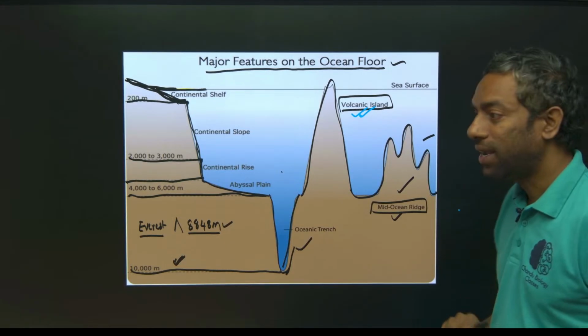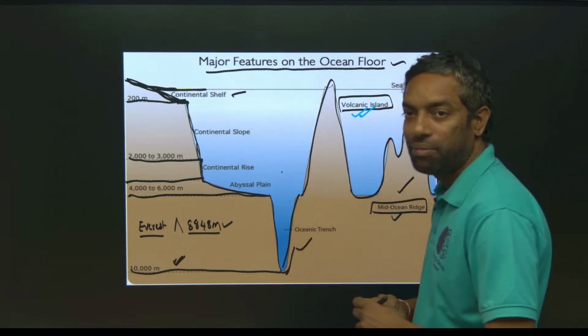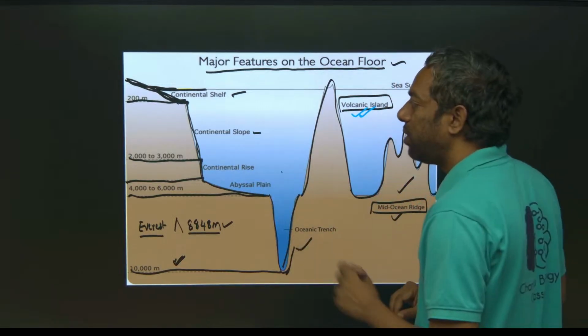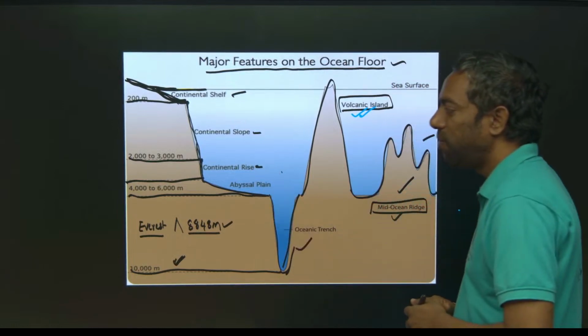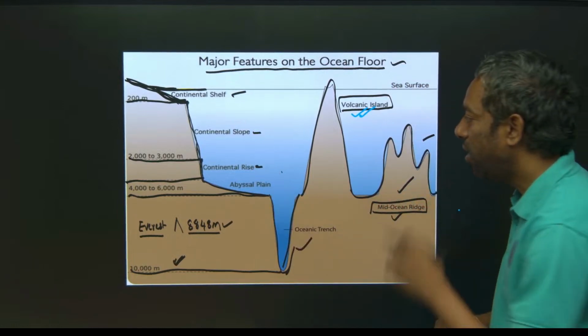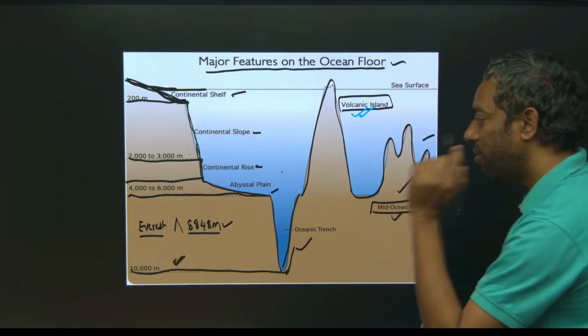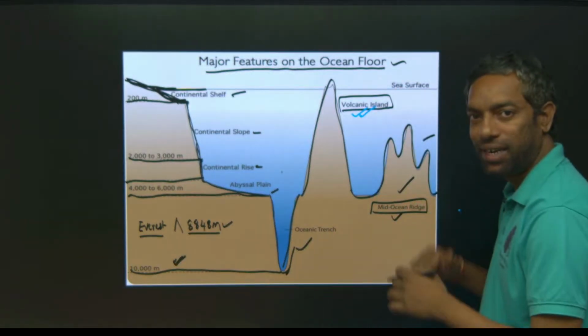Just look here again. Continental shelf 200 meters, continental slope 2000 to 3000 meters, continental rise up to 4000 meters, abyssal plain 4000 to 6000 meters, oceanic trench 10,000 meters deep.